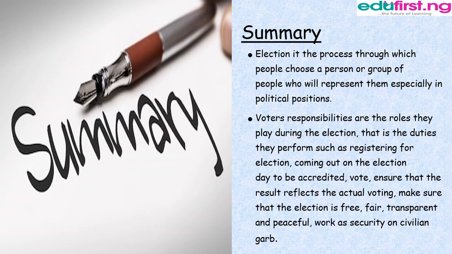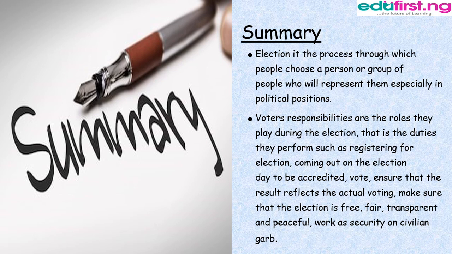Summary. Election is the process through which people choose a person or group of people who will represent them, especially in political positions. Voters' responsibilities are the roles they play during the election.